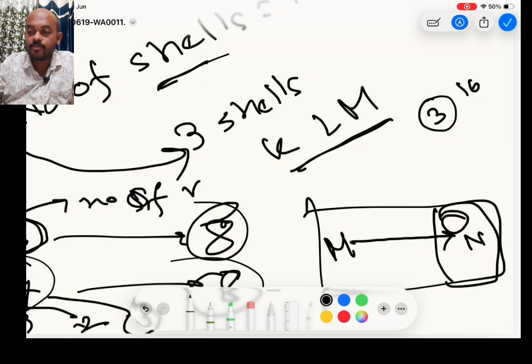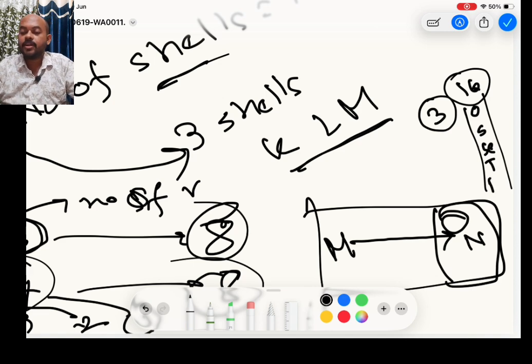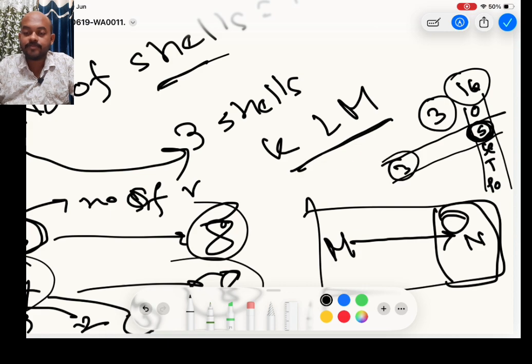Group 16 elements you already know; this one will be the group 16 elements. So definitely it will be sulfur over here because it falls in group 16 and it falls in period number 3. So this is the answer, sulfur.